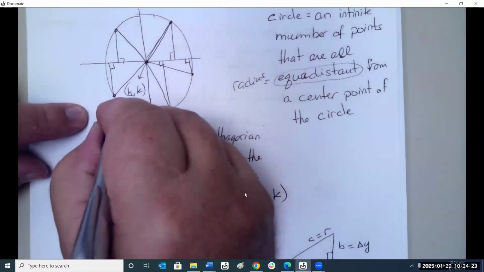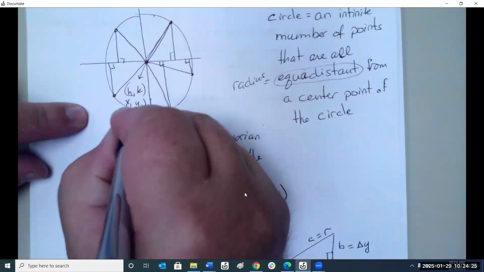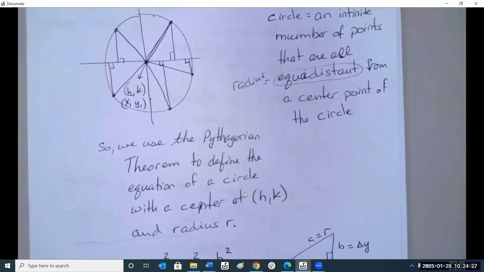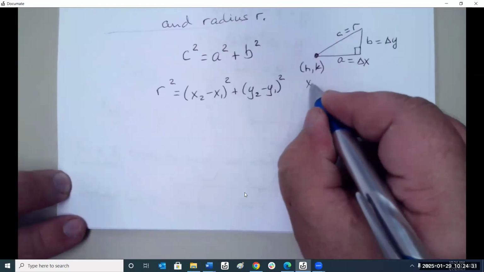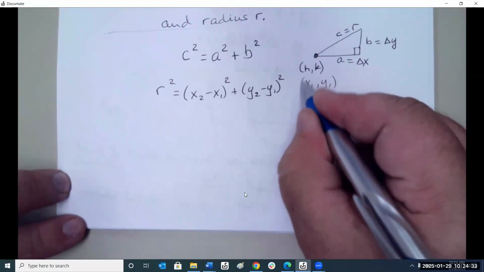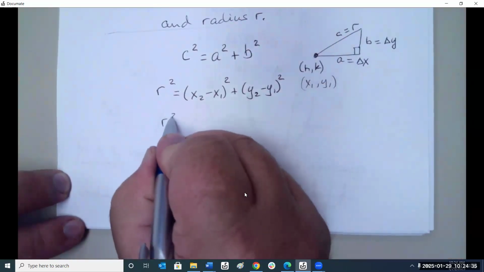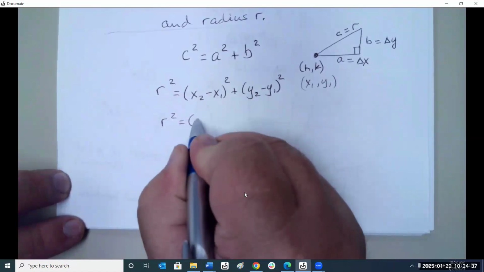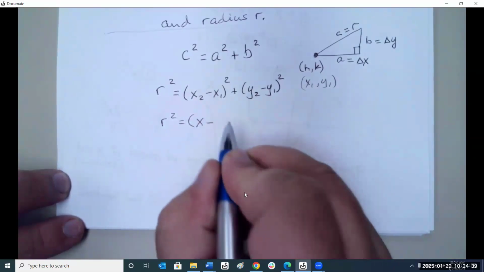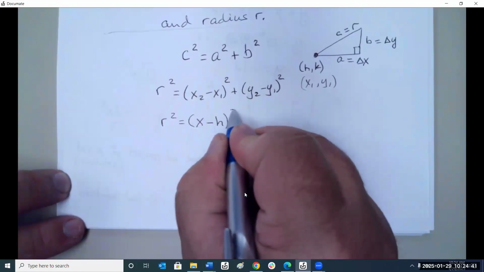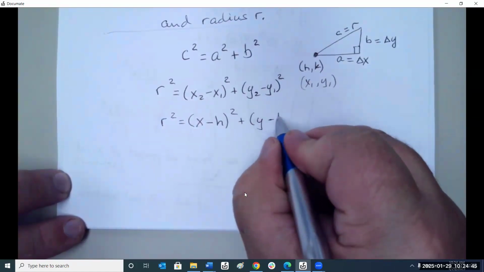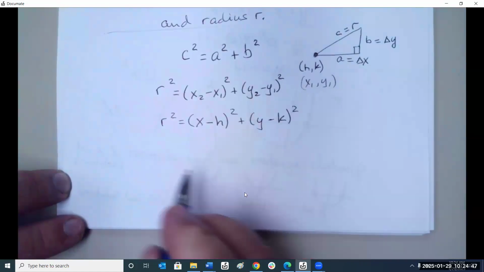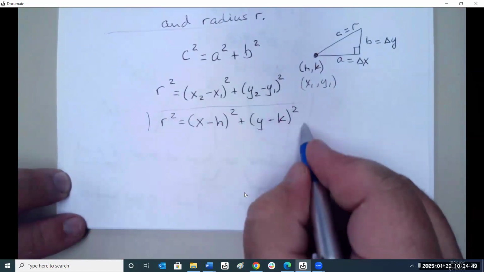So that's the x1, y1 value. So instead of using x1, y1, I now will put, in place of x1, h. In place of y1, k, and there's my formula for a circle.